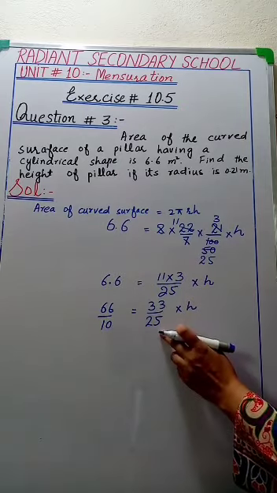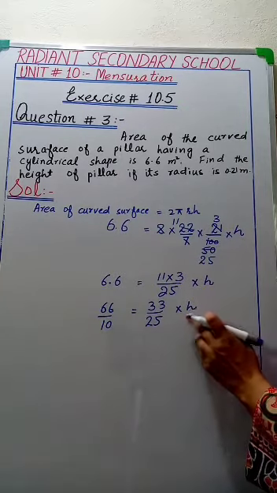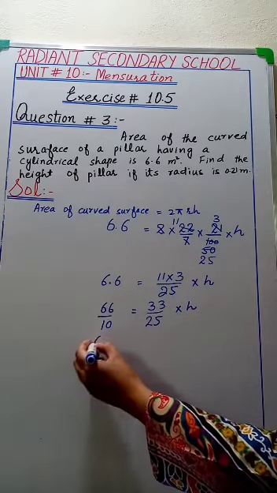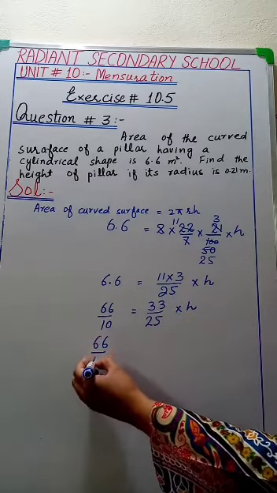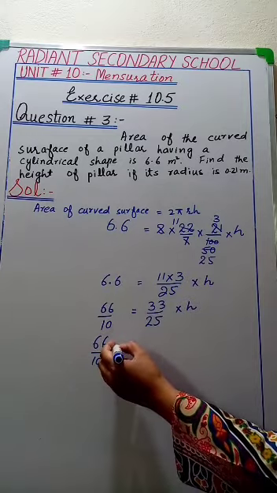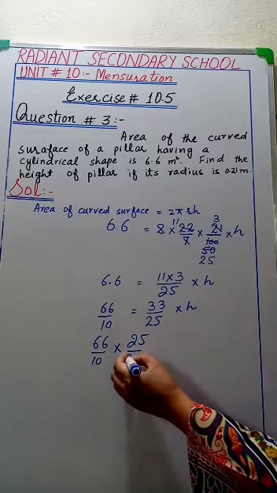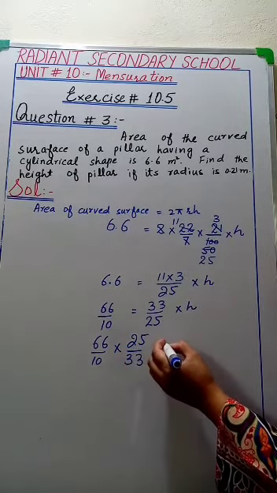Now 33 over 25 is being multiplied with h and it is a fraction. When it goes to the other side, it will be divided, and when I take its reciprocal, it will become 25 over 33.